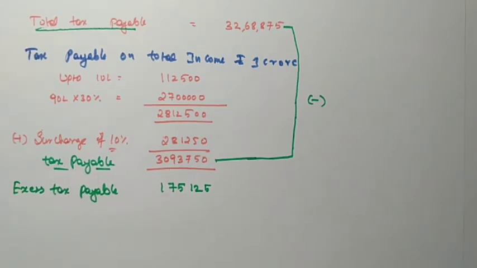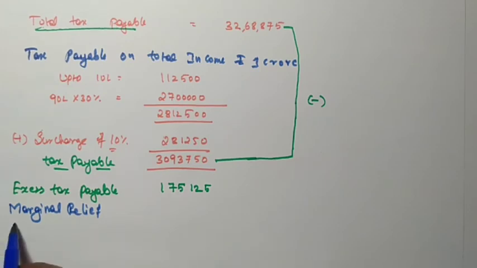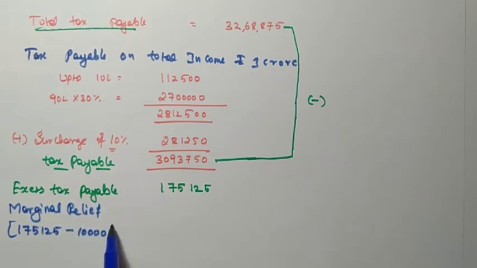Here marginal relief comes into picture. 1,75,125 minus 1 lakh. This is excess amount on 1 crore.